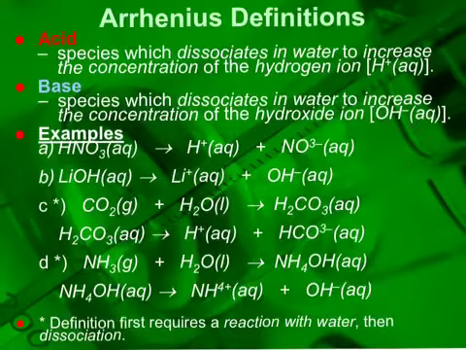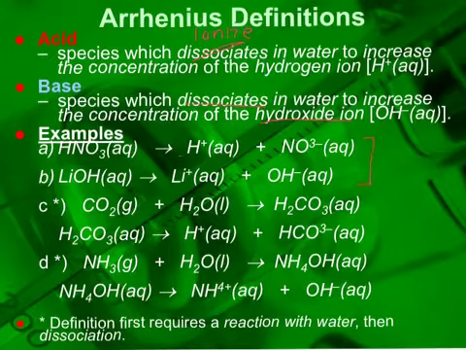Now that we've reviewed the properties of acids and bases, let us go over the definition of acids and bases. You'll remember from earlier courses, an acid is a species which ionizes, not dissociates, into hydrogen ions and its negative ions. On the other hand, a base is a species which dissociates into hydroxide ions. So some simple examples are nitric acid and lithium hydroxide.